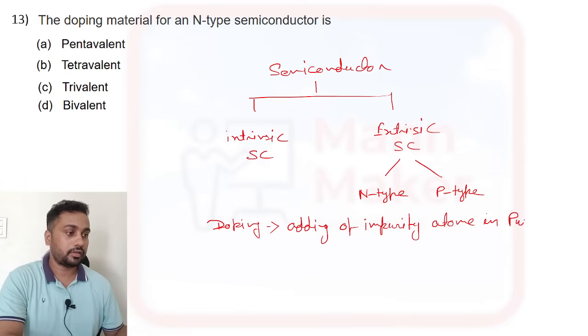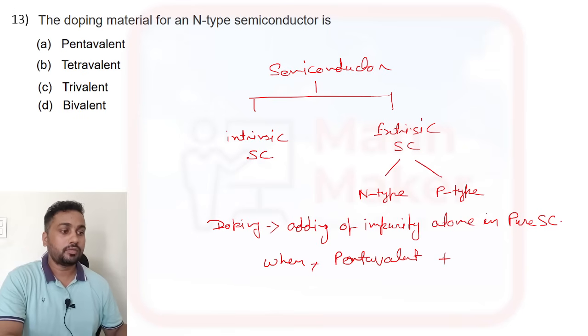When a pentavalent atom is doped into a pure semiconductor, it is called an n-type semiconductor.